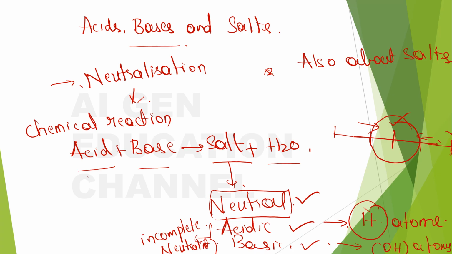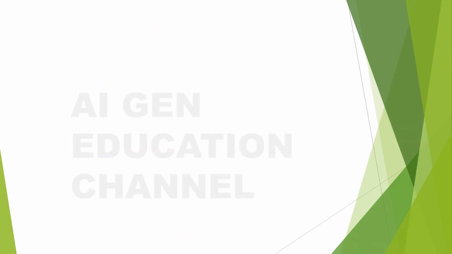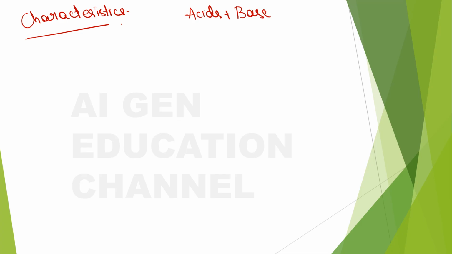Now let us look into some characteristics of neutralization. This is not a new topic for you, because while you were studying acids and bases, you saw that when an acid reacts with a base, or a base reacts with an acid, what you get is salt and water.